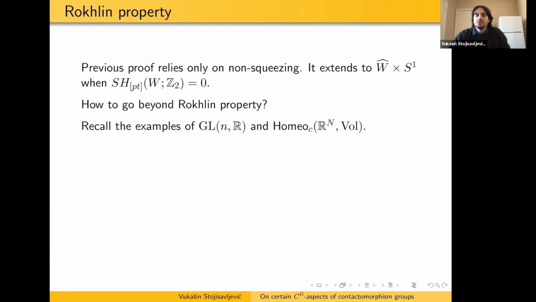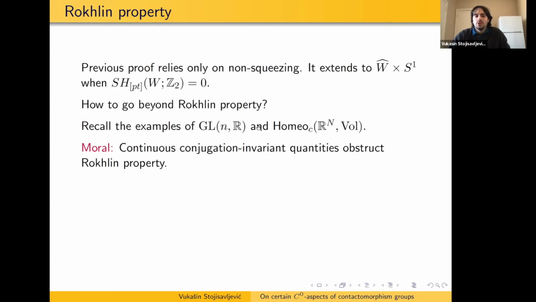Here we have the volume of the support, it's preserved. So something is preserved, but the moral of the story is, as long as you have something which is conjugation invariant and continuous, that thing will obstruct the Rokhlin property.